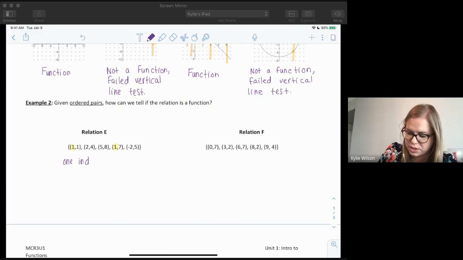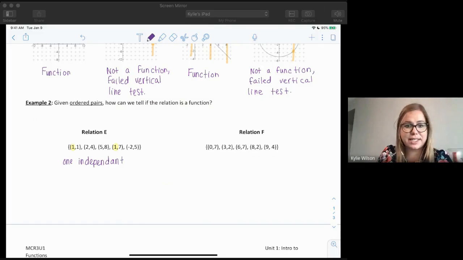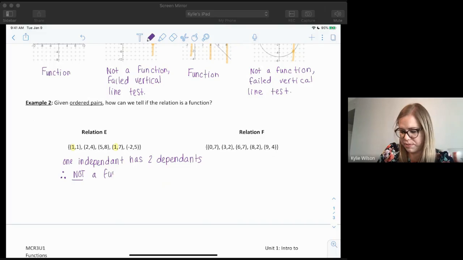My x's are always my independent. And that 1 independent has 2 dependents. So because of that, it is not a function.